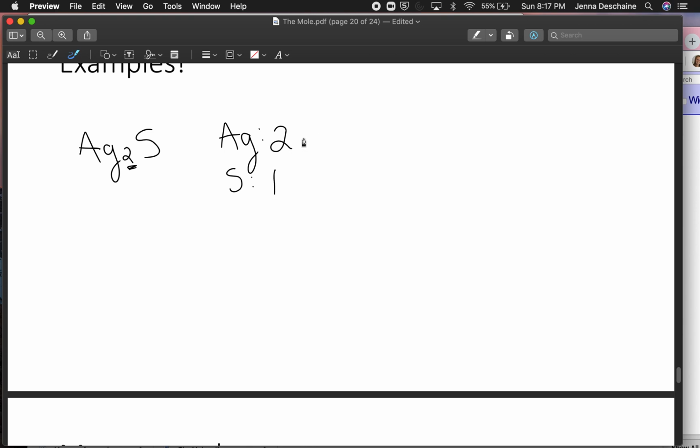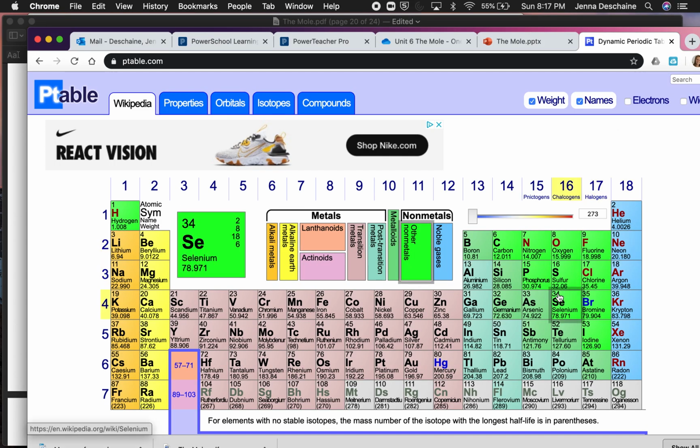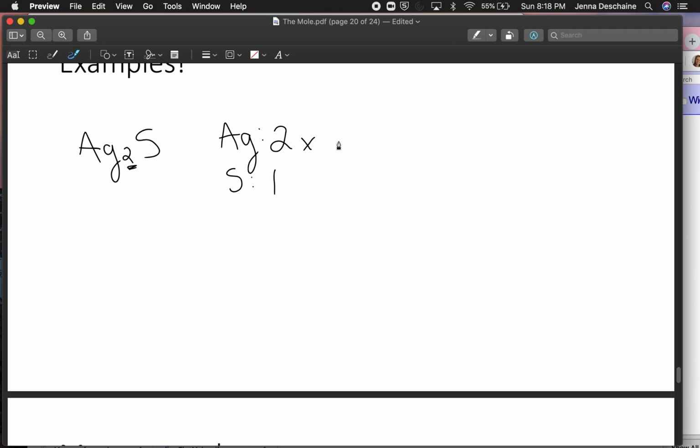All right? So kind of similar to last week, I'm going to multiply however many atoms I have by the element's mass. So if I have 2 atoms of silver, I'm going to look at the periodic table, go to Ag, which is right here, 107.87. Okay? So I'm going to put 107.87, just like that.